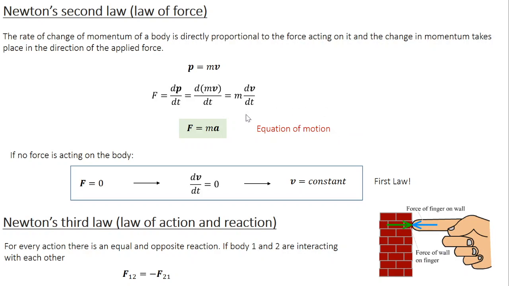Probably this is the most important step in analyzing the motion of a system: writing down the equation of motion. Once you write down the equation of motion, F is equal to ma, or you can alternately write it as F is equal to m into d square r by dt square. As you notice, this is a second order differential equation.